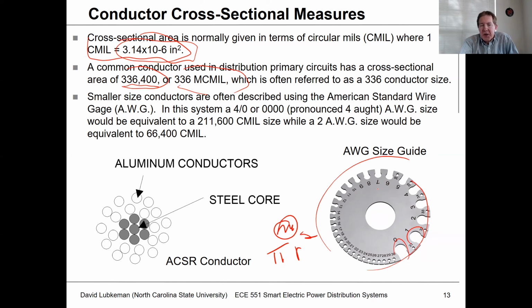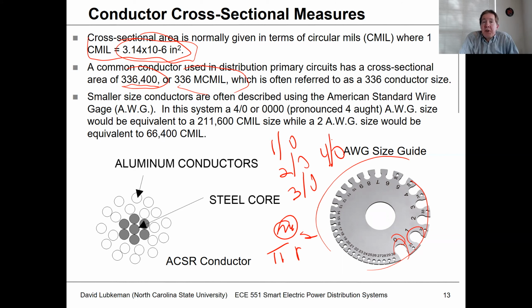A lot of times, once you get bigger than 1, or what we call an aught, then you're going to have 1/0, 2/0, 3/0, all the way up to 4/0. These are also common cable sizes.